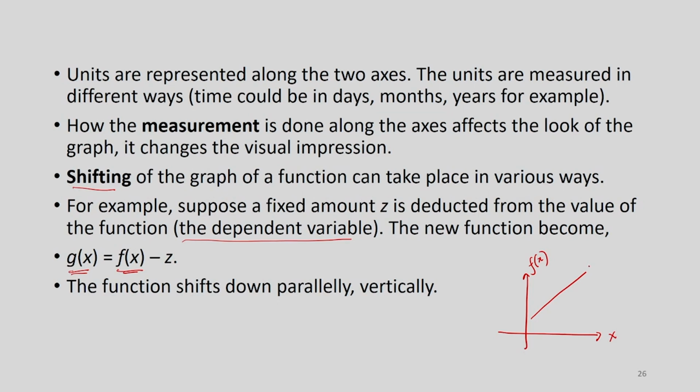Now, if you measure g, then it will shift parallelly below. Okay. So, along the y axis you are measuring two things, and this vertical gap is z. It is shifting down parallelly and vertically.